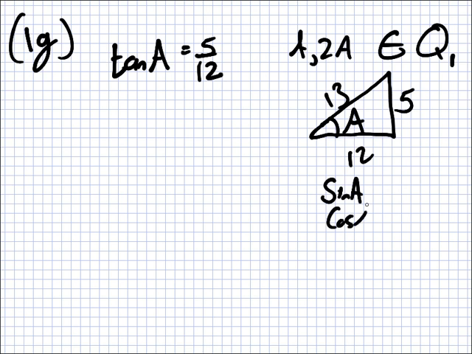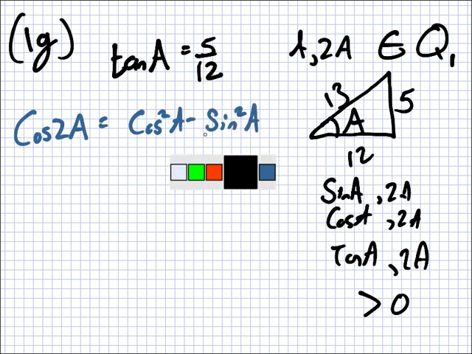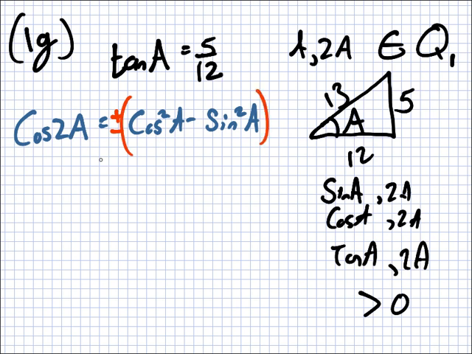Sine A, cos A, tan A, and 2A, and cos 2A, and tan 2A, they're all positive because they're in the first quadrant. So cos 2A equals cos squared A minus sine squared A. You have a plus or a minus here, but we need to choose plus because we know it's positive. So what's cos A?